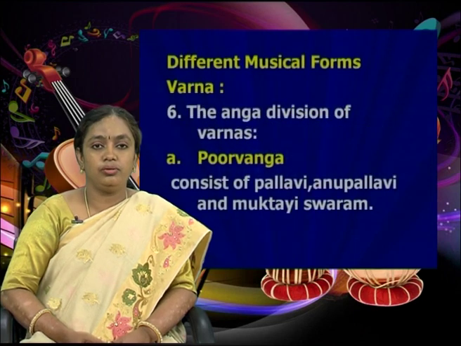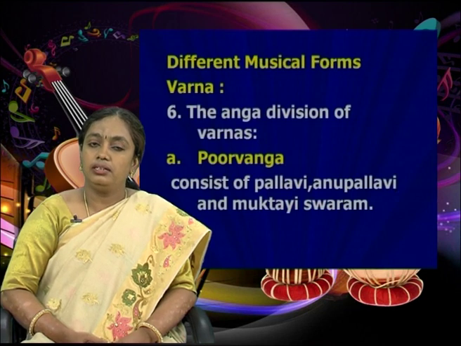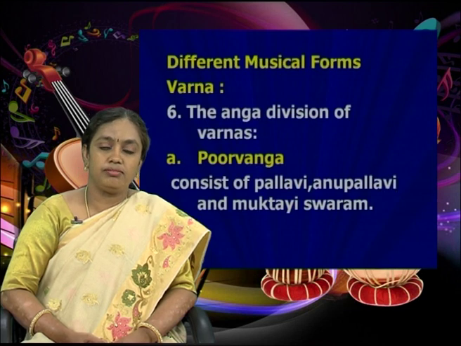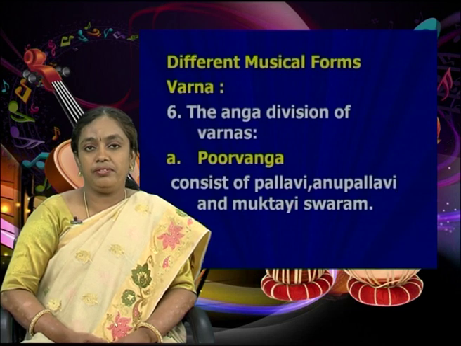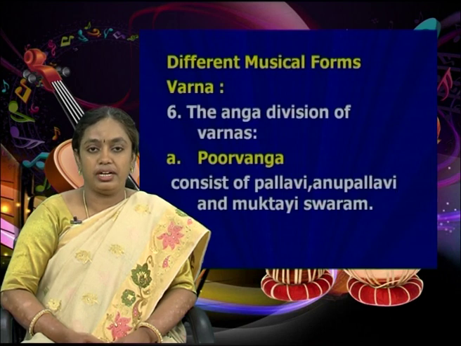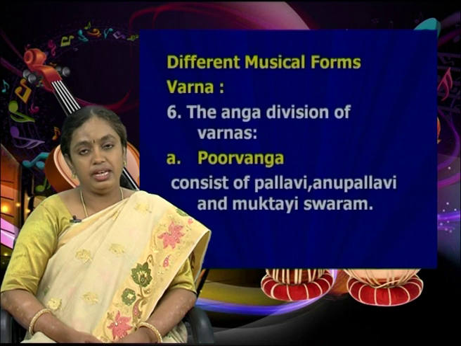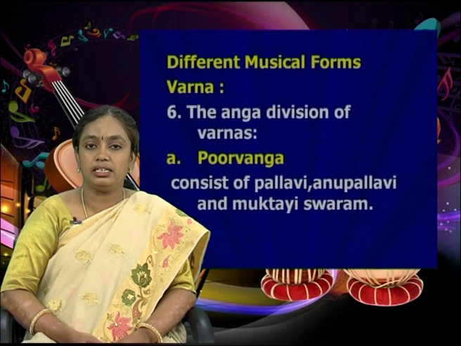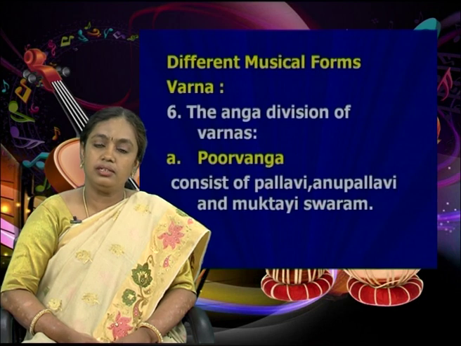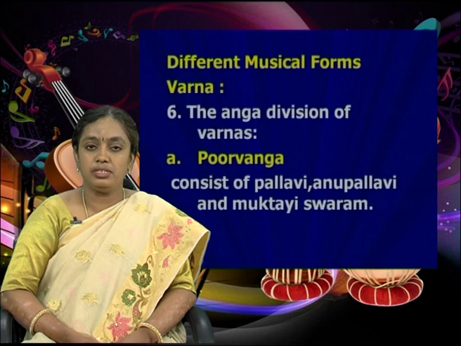And now let us know what are the angas or parts division of varnas. If you observe in Gitas, there is only paragraph-wise splitting, and in Swarajatis there is Pallavi, Anupallavi and some charanas. But in Varnas, let us observe that there are 2 major parts division. The first one is Purvanga. Purvanga consists of Pallavi, Anupallavi and Muktaiswaram. Mainly the first part of the Varna, that is Pallavi, contains 2 lines, Anupallavi is also containing 2 lines, and after this Pallavi and Anupallavi comes the Muktaiswaram.